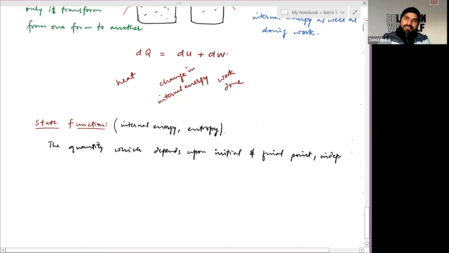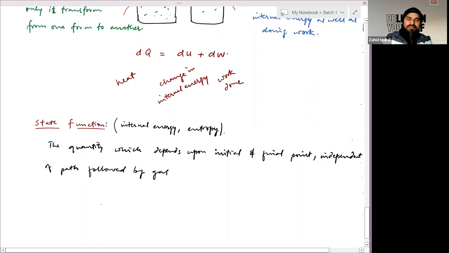It is independent of the path followed by the gas.